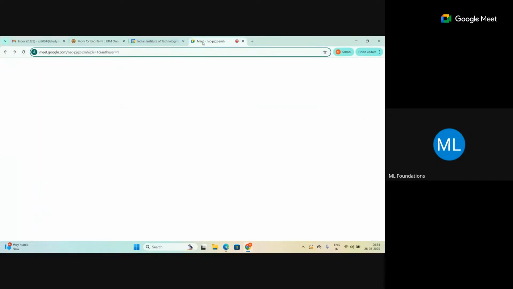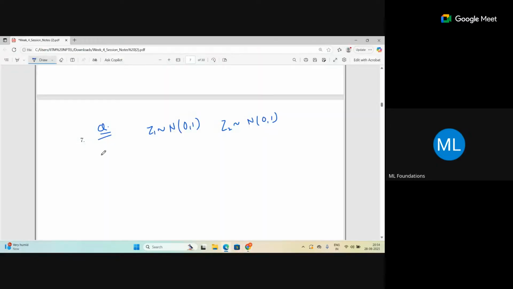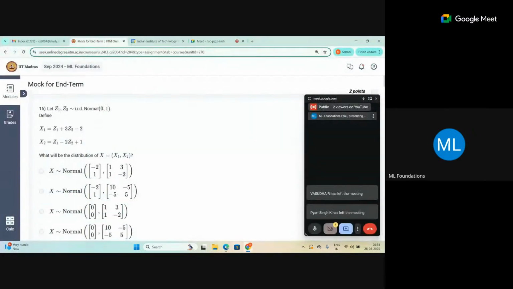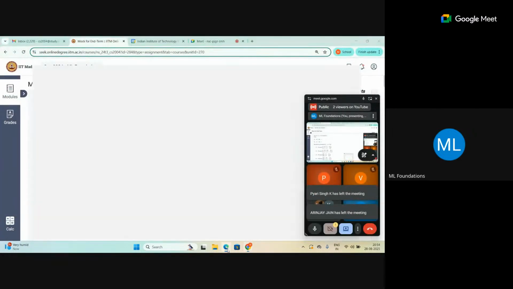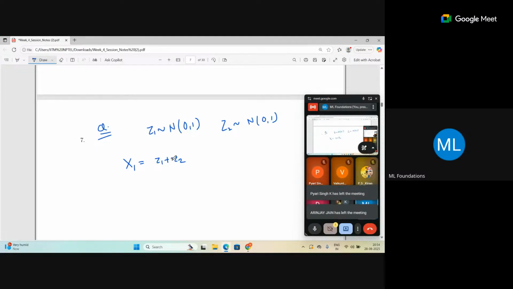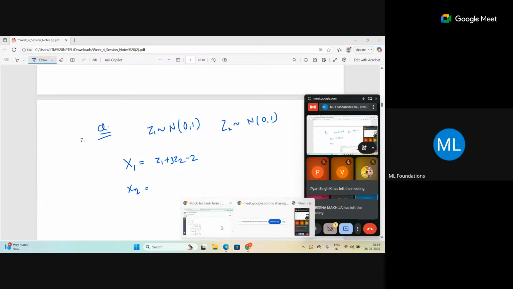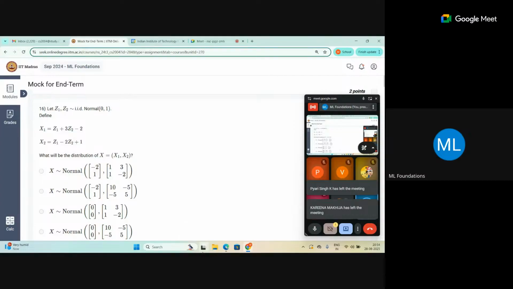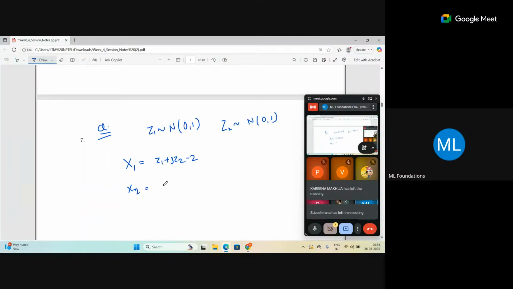And x1 is a linear combination: x1 equals z1 plus 3z2 minus 2. And x2 is z1 minus 2z2 plus 1.